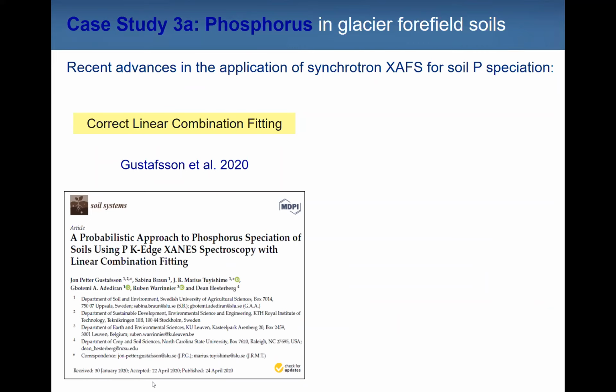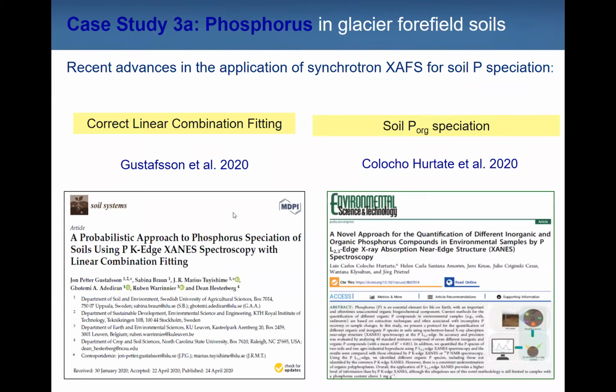But a colleague of mine, Jon Tveter Gustafsson, has also developed a routine to avoid the problem and really get the right results from your standard selection. You pay the price that you have to accept a rather rough speciation scheme. So you cannot say I have 9 different species in my sample, but you can maybe say this is calcium bound, this is aluminum bound, this is iron bound, and not much more than that.